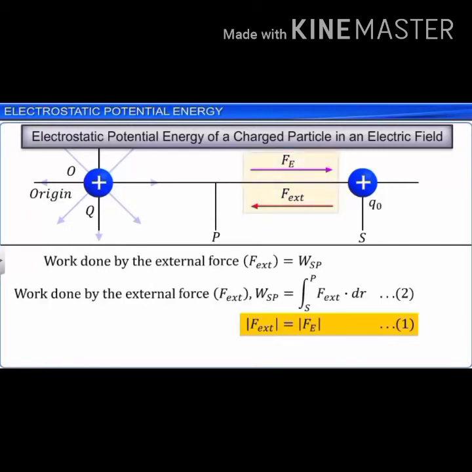Therefore, the external force will be equal to the negative of Fe, which will be equation number 3.